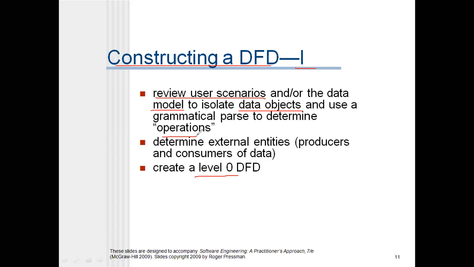If you see the second point, determine external entities. External entities in the sense are a producer of data or a consumer of data. By following these two steps, you may create a level 0 DFD here.